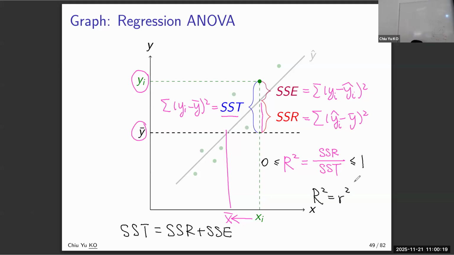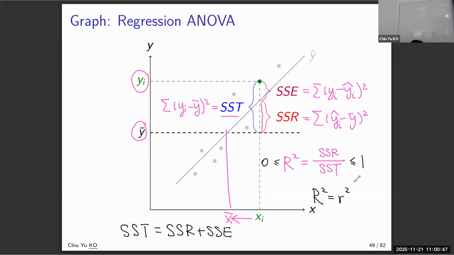But remember, this is only true when you have simple linear regression. When you have more X's, then it doesn't work. So it only works for this simple environment. Okay. But in any case, is that okay?